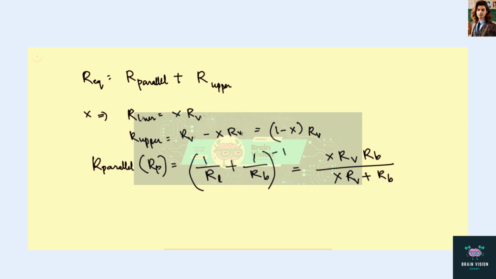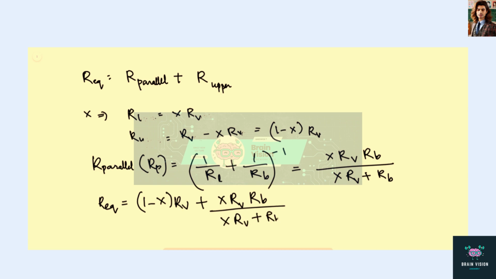So I'm using R_L for lower, R_U for upper. Now we plug these two in this equation to find the equivalent resistance. That will be equal to (1 minus X) R_V for R_U plus R parallel or R_P, which will be X R_V times R_B over X R_V plus R_B.